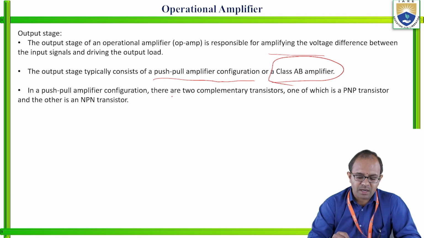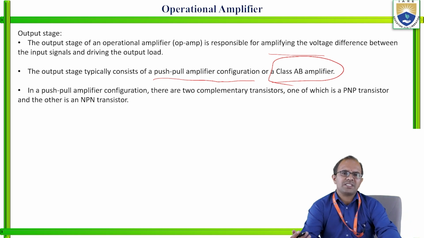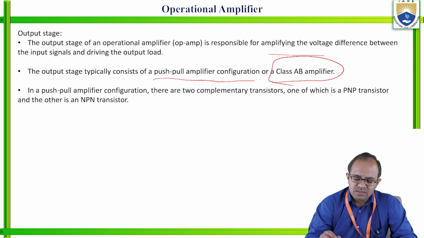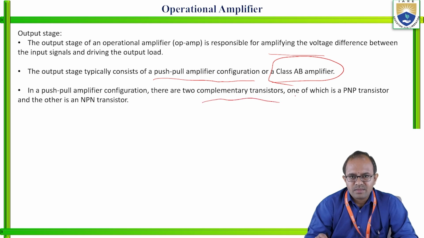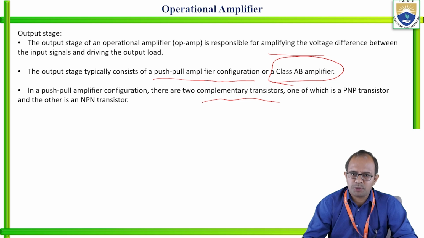And under push-pull configuration there are so many variants, right? Preferably we are going to have complementary transistors. You might have studied these things under power amplifiers, that is, large signal amplifiers. So here we are going to use complementary transistors to meet the push-pull circuit configuration.